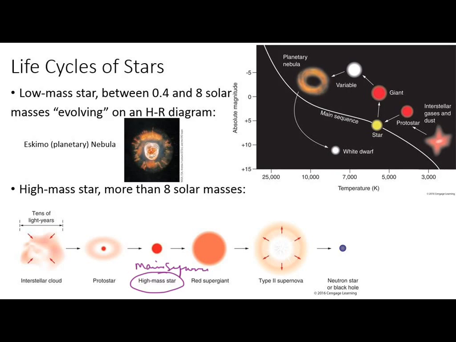It's going to move to the upper part, a super red giant, and eventually it's going to blow up in a supernova. What's left behind is either a neutron star or a black hole, depending upon its mass.